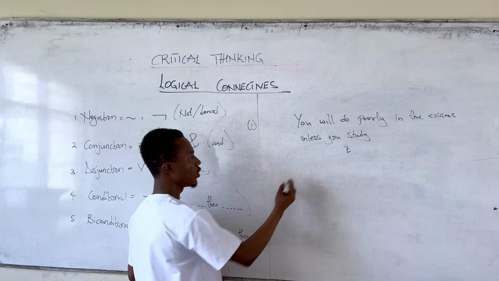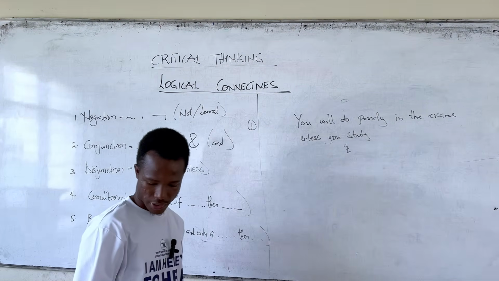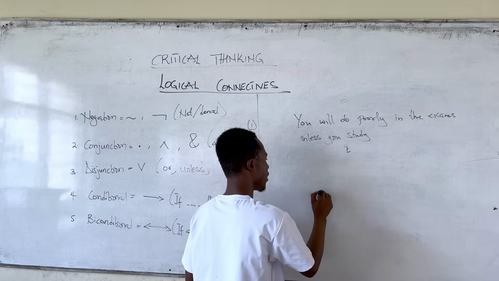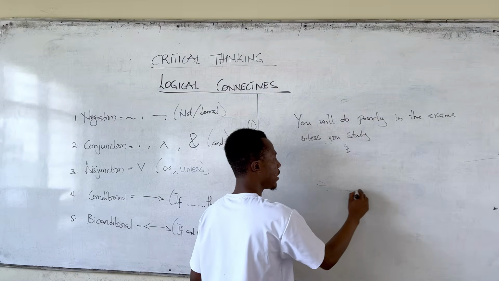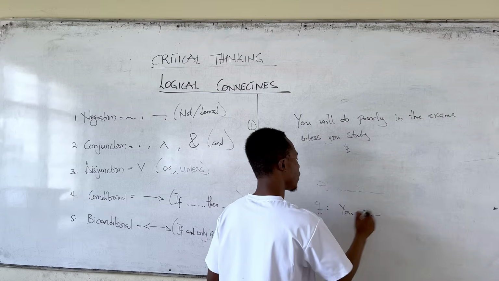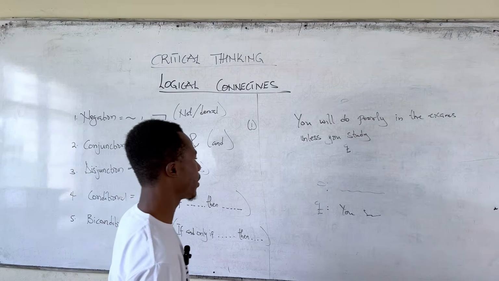So you see that they will give you you do poorly, right? You will do poorly in the exams. Then let's say P, you will do poorly in the exams. Q, you study. Then they will give you a question. Question will be given.